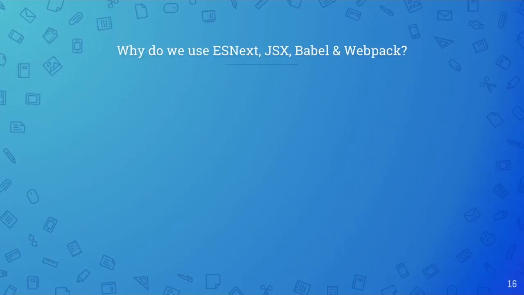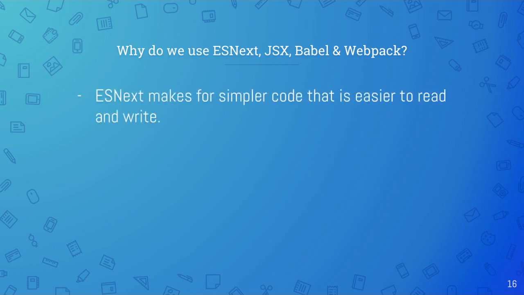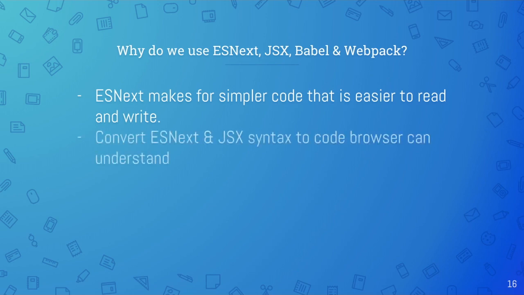Okay, so why do we use ESNext, JSX, Babel and Webpack? What was the requirement for it? I think most of it I've already covered by explaining what the requirement is for each of these, but just to reiterate: ESNext makes for simpler code that is easier to read and write. We can convert ESNext and JSX syntax to code that all browsers can understand.